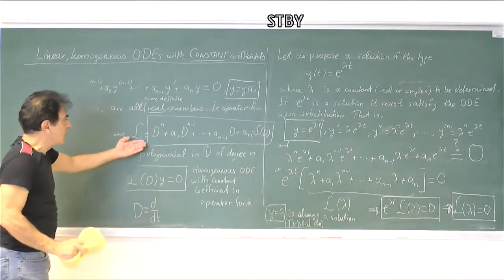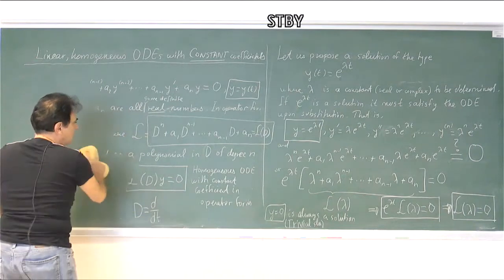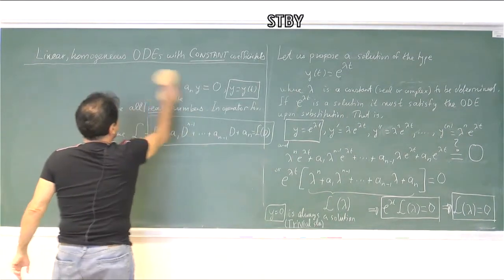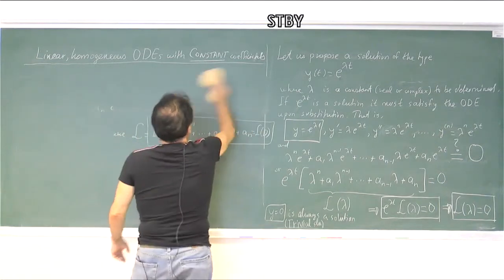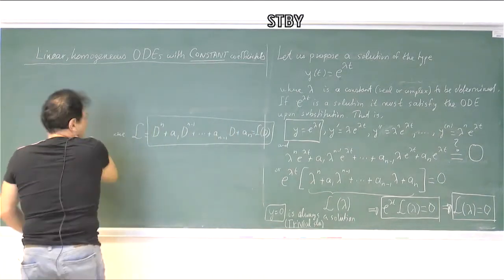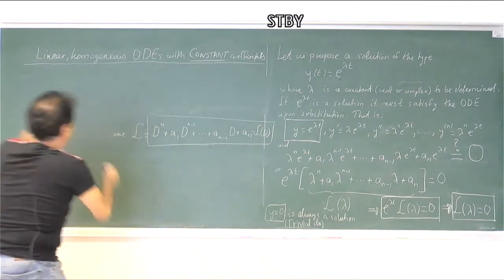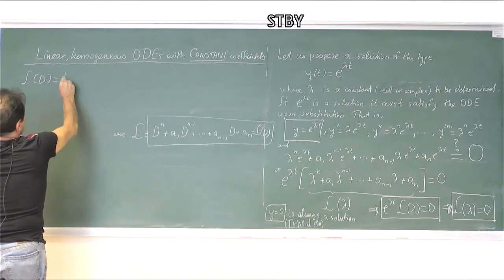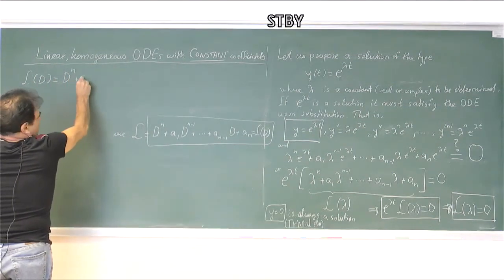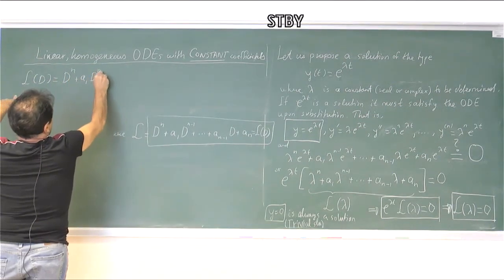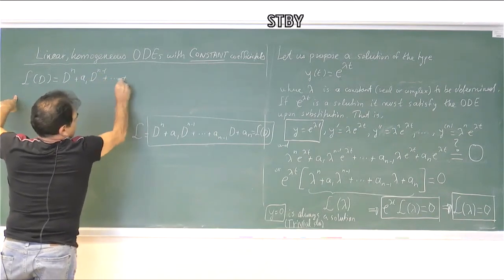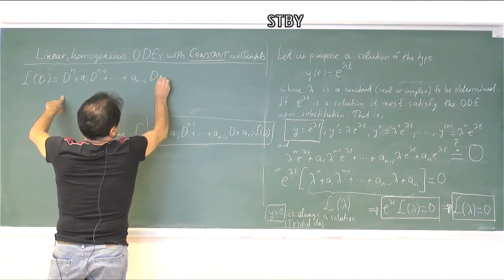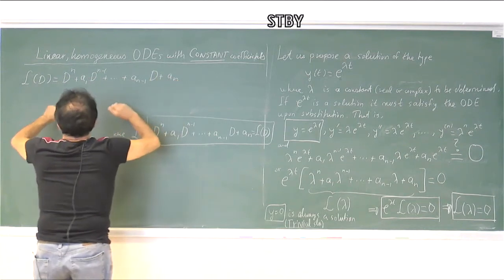So L of lambda, look at the structure of L. Since L of D is this one, D^n, a1 D^(n-1), ..., a n minus 1 D plus a n.